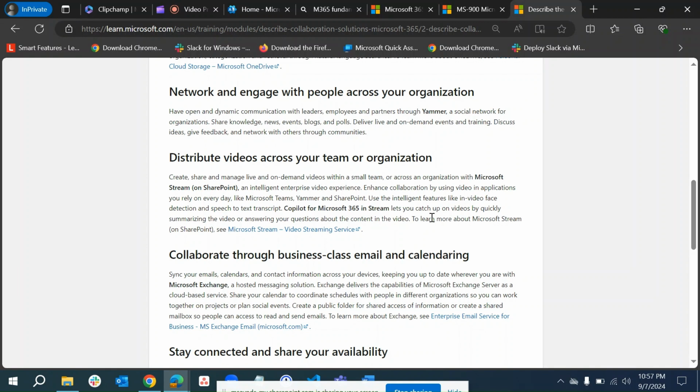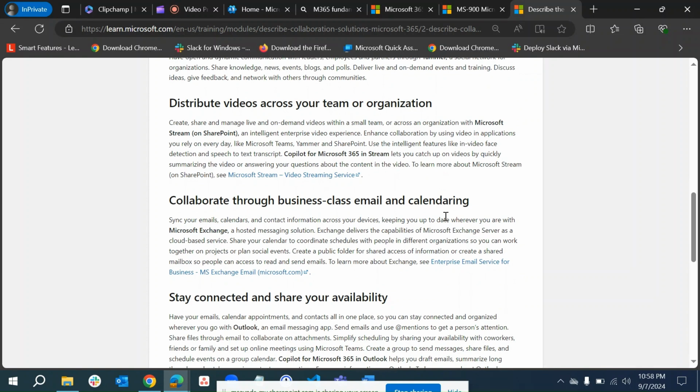So everything is backed by SharePoint now, and Stream is still available, and it works flawlessly without any issues on SharePoint. It's a really great platform for video streaming across the organization, to share videos and content for internal and external purposes.